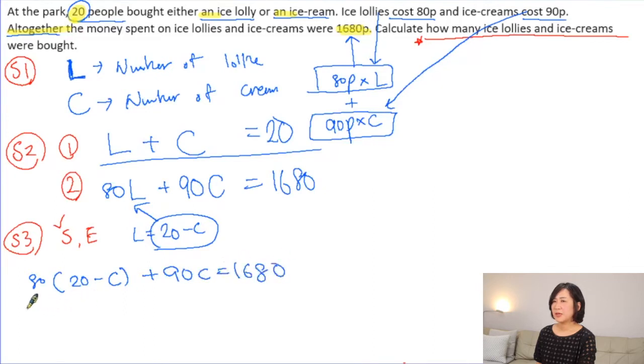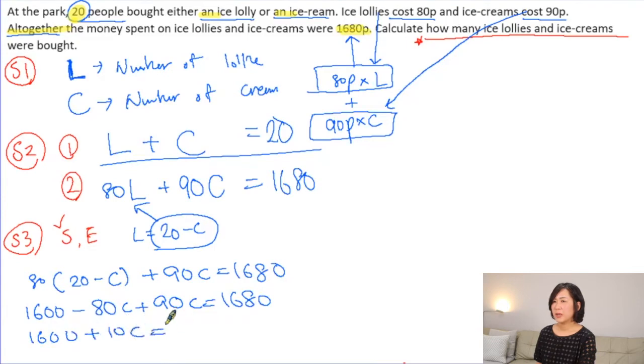Let's simplify our equation. 1600 minus 80C plus 90C is 1680. Now let's focus on the C. We've got minus 80C plus 90C, which is 10C.